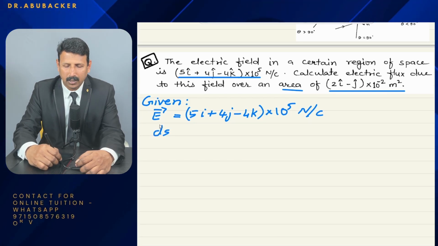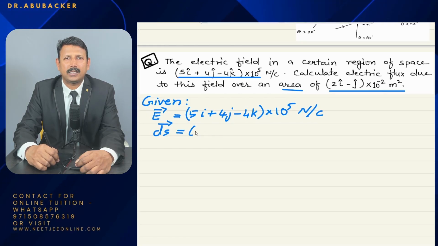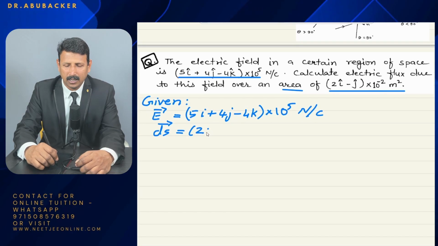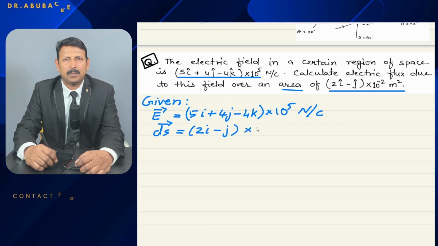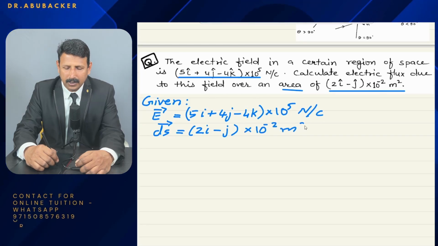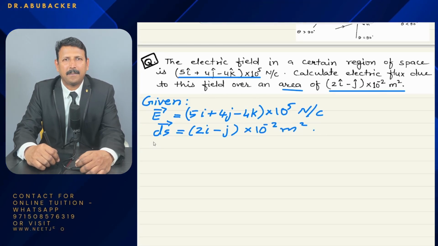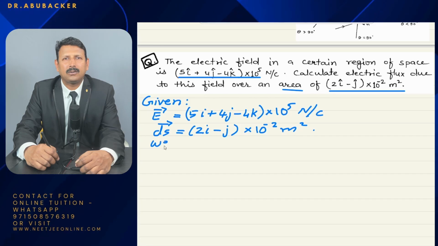In this question, E is given: (5i + 4j - 4k) × 10^5 Newton per Coulomb. Newton per Coulomb is the electric field unit. Next, you write the area. Area is also given, right?